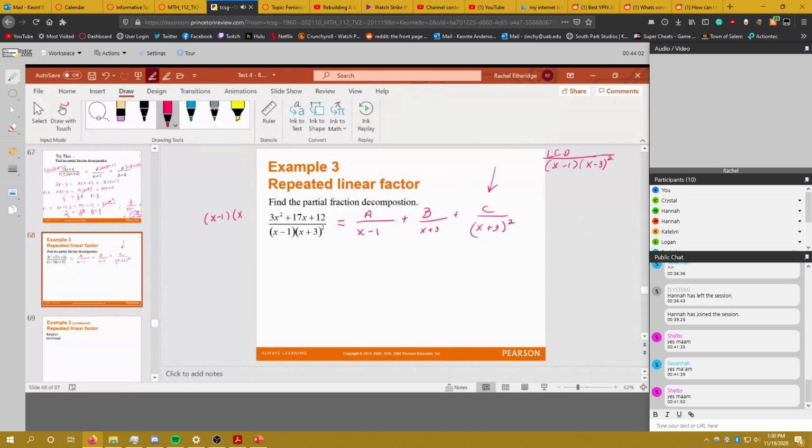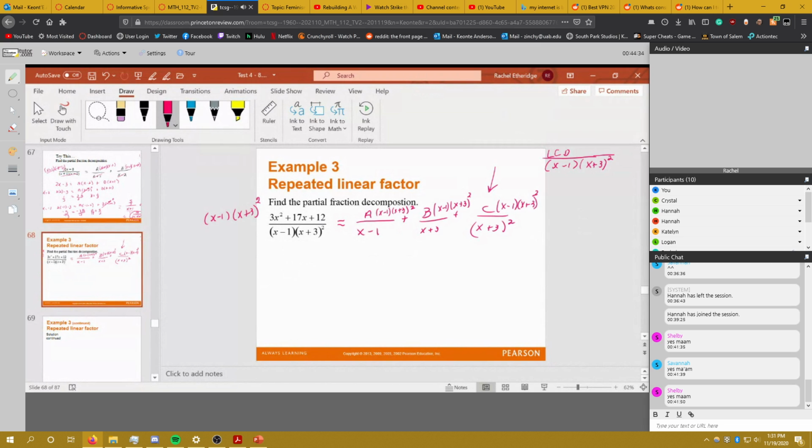So each one of these has got to be multiplied by that same thing. You have to be kind of slow and careful with these. They're not hard, but you can make a mistake pretty easily.